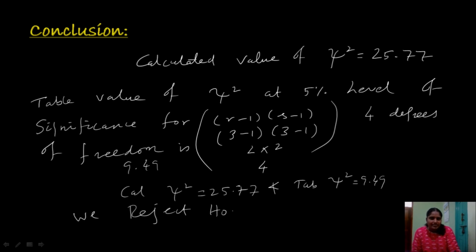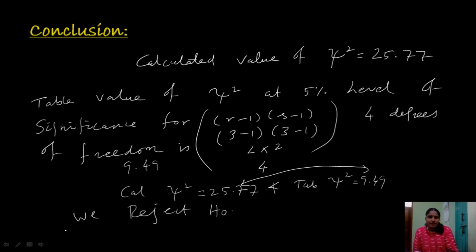So compare these two values now. Our calculated value is higher than the tabulated value. If the calculated value is lesser than the tabulated value, then only we accept our null hypothesis, or otherwise we reject the null hypothesis. So here we have to reject the null hypothesis H0. That means we accept the alternative hypothesis H1.